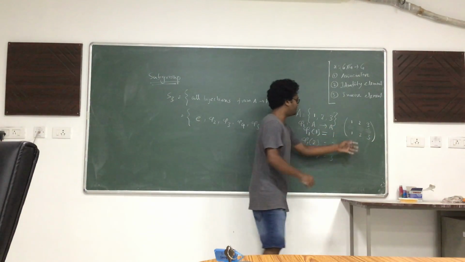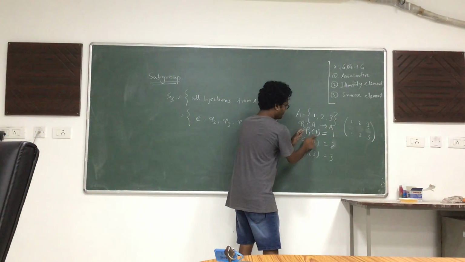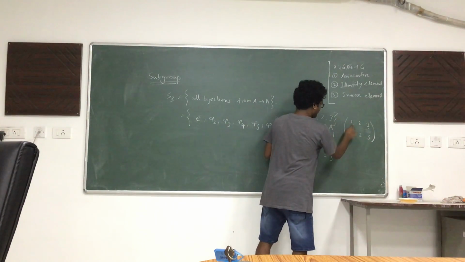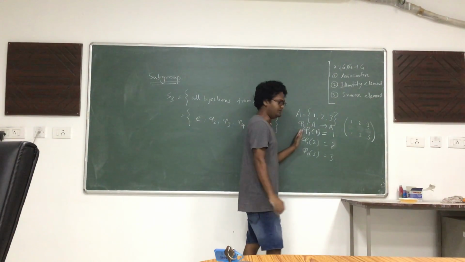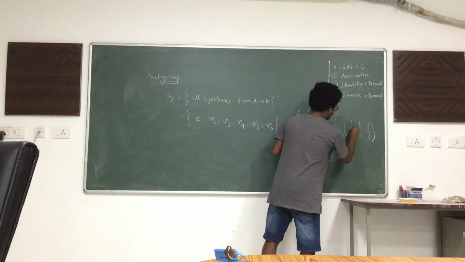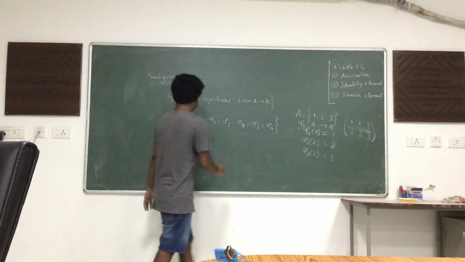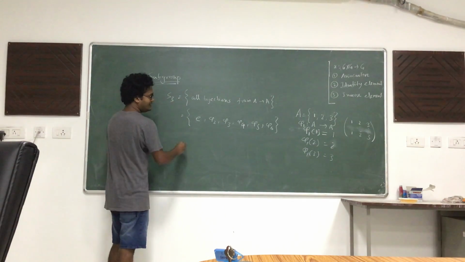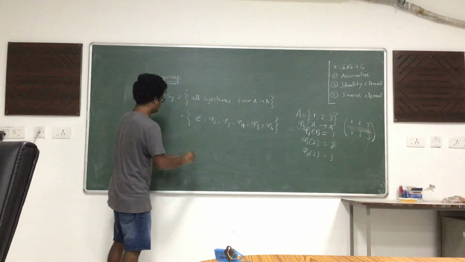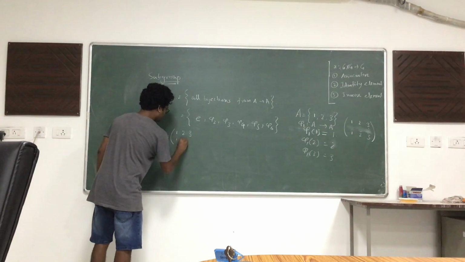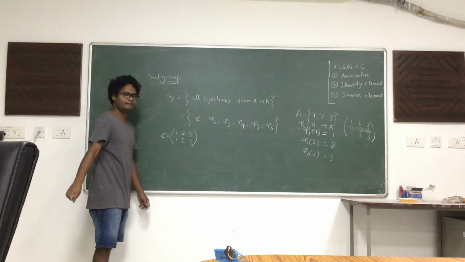Okay. This notation means that phi 1 acts on this number and gives what? If we remove this arrow, then it's a simpler notation. So what will be the elements of these things? So clearly the top row could be 1, 2, 3, and the bottom row 1, 2, 3.